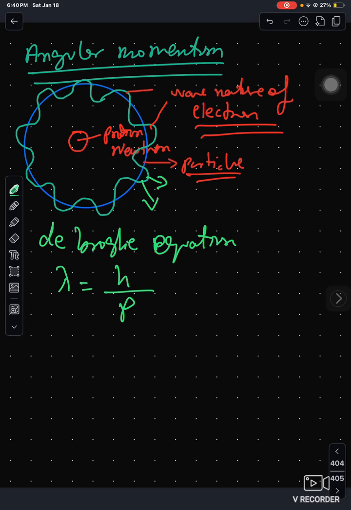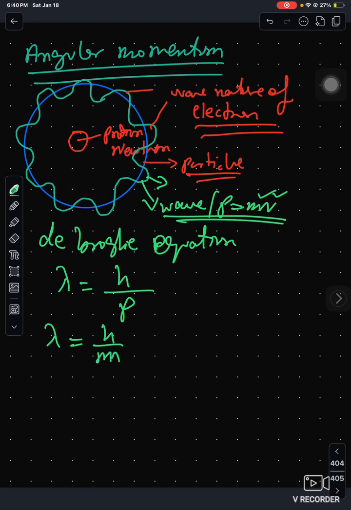When it's in the wave nature, what we are looking at is its momentum. Momentum is mass times velocity, and since electrons also have mass and they move, they can have momentum. So we could rewrite this equation as lambda is equal to h over mv.